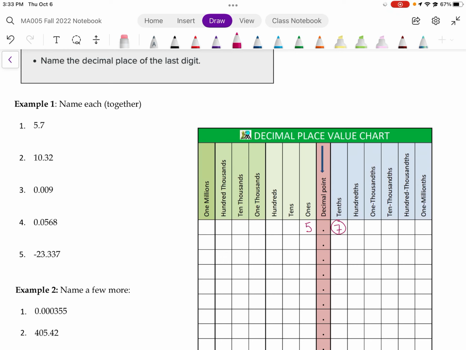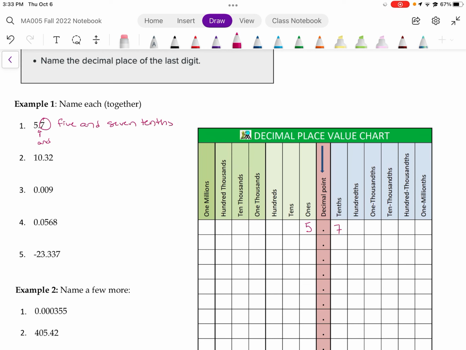This first one I can write down as 5 and 7. You just say the name of the number, so that's just a 7, and it is sitting in the tenths place, this place value right here. So we say 7/10.